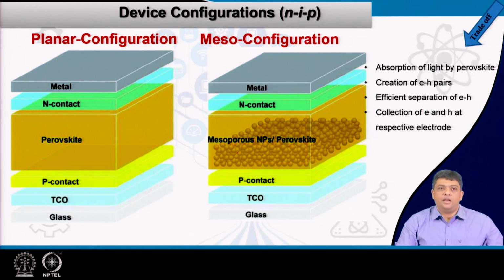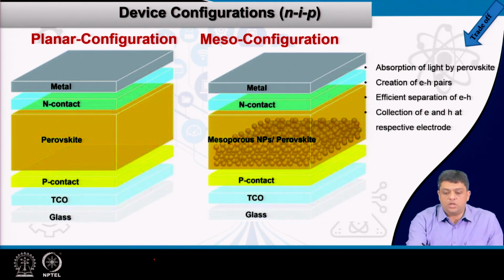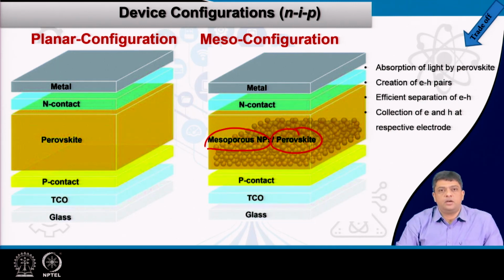And just like silicon based solar cells, these cells can also be fabricated in various configurations. These include planar configurations or meso configurations. These meso configurations use mesoporous nanoparticles in combination with perovskite based materials to perform the photon induced generation of charges.